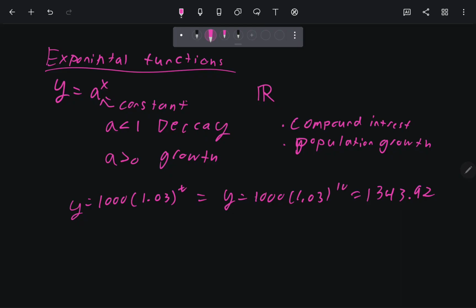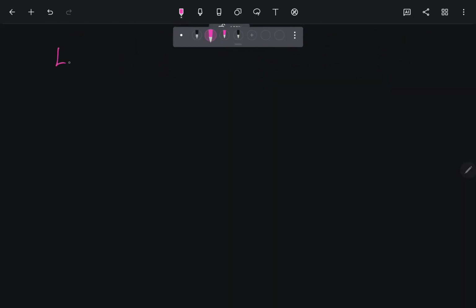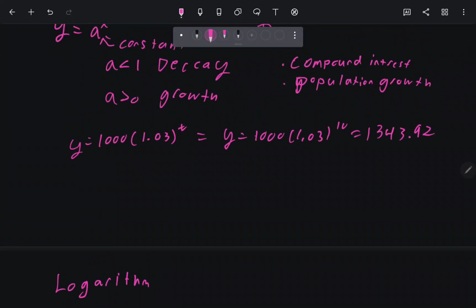Adding on to this, we also have the brothers of the exponentials, the logarithms. Logarithms are equally as useful as exponentials for a variety of reasons.